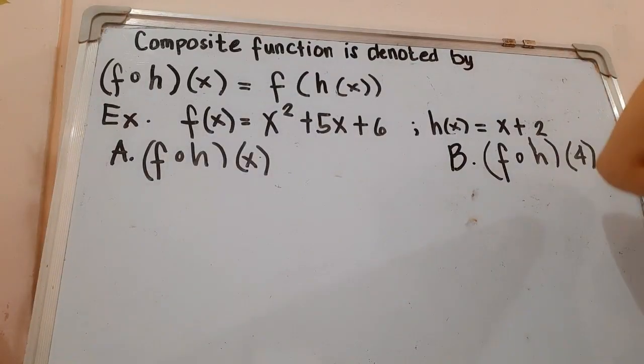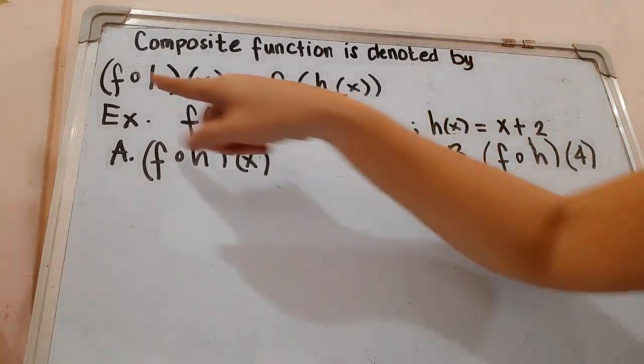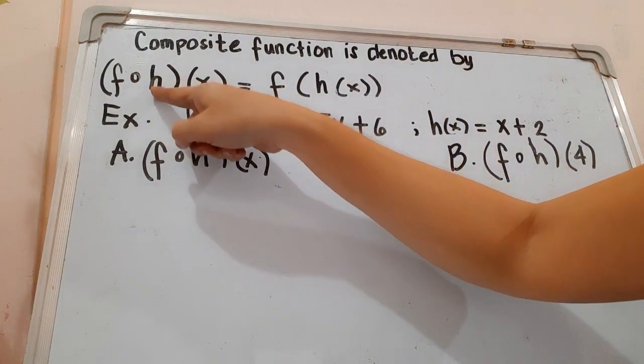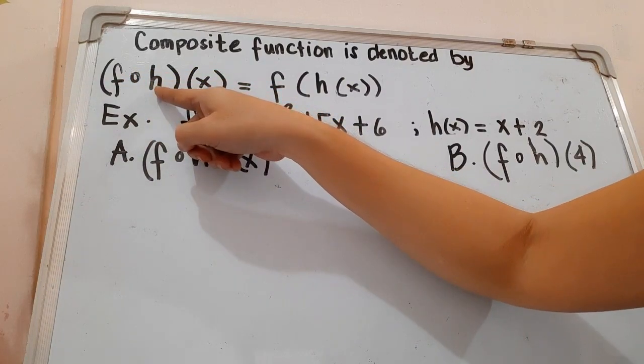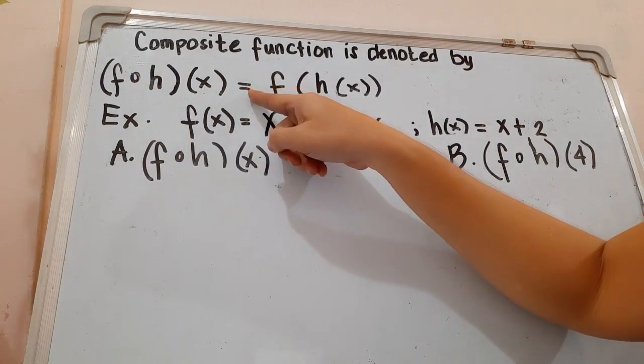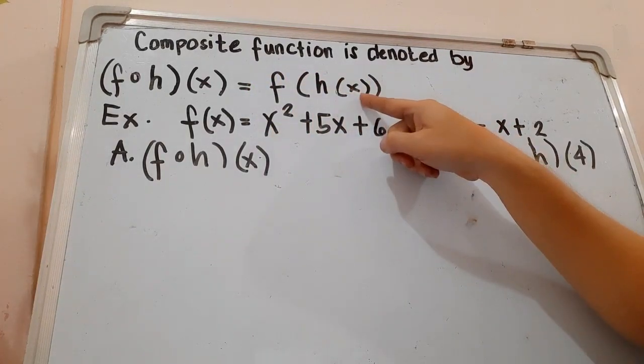Composite function is denoted by f circle h, or we can read this one as f composition of h of x, which is equal to f of h of x.